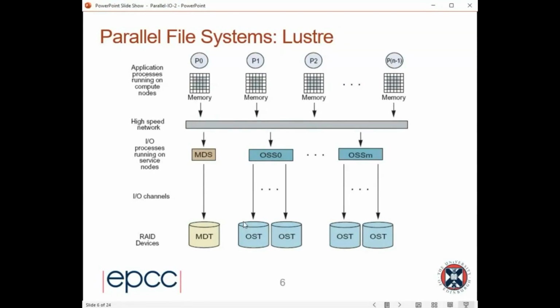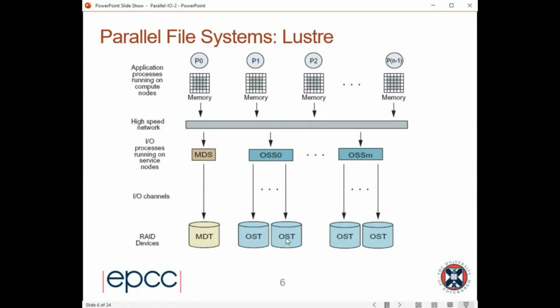If you had one metadata server and lots of disks, you would be able to do very fast parallel I/O because you'd have access to lots and lots of disks, but the metadata server might get overloaded. All users would be accessing the same metadata server. If you have lots and lots of metadata servers, each with a small number of disks, then you're not going to overload them because users will be accessing different metadata servers, but each one won't be able to do very fast parallel I/O because they might only have a couple of disks.